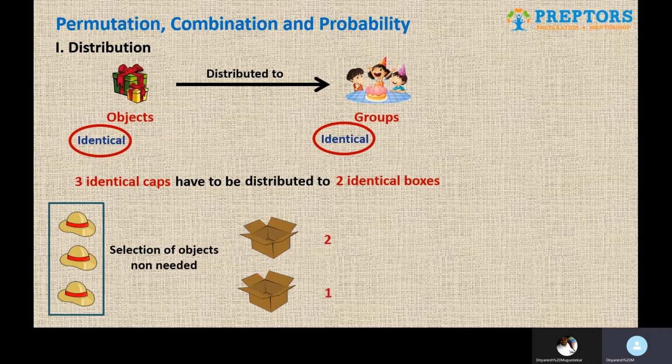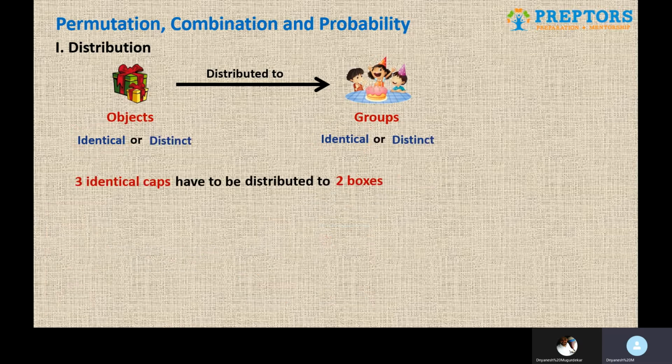The first box gets two caps and the second box gets one cap, or the first box gets all three and the second box gets zero. This is the only way in which it can happen, because which box gets how many is irrelevant since both are identical. One of the very easy scenarios to start with, and then gradually we will increase the difficulty level.